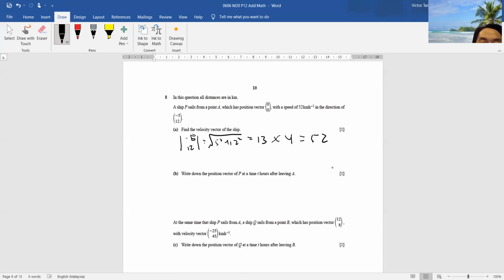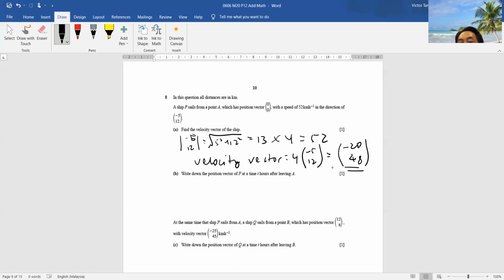So your velocity vector must have a magnitude of 52. So you take the vector given times 4, which gives you (minus 20, 48). So this vector would have a magnitude of 52.